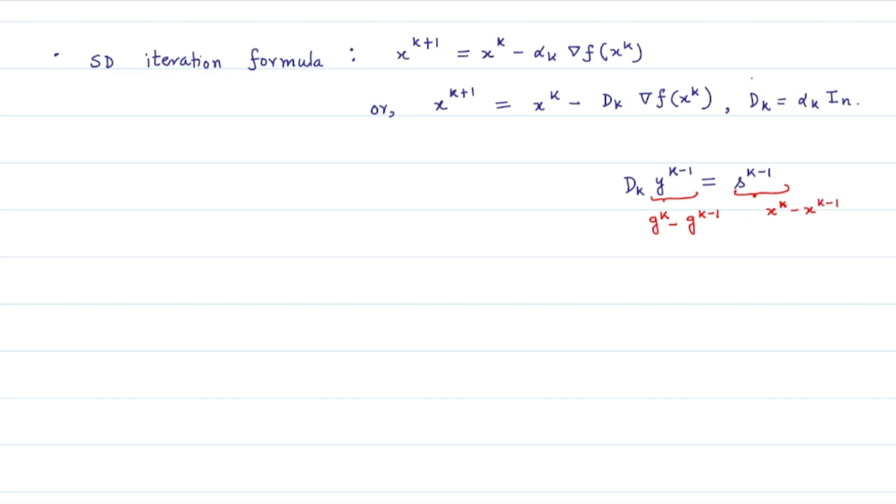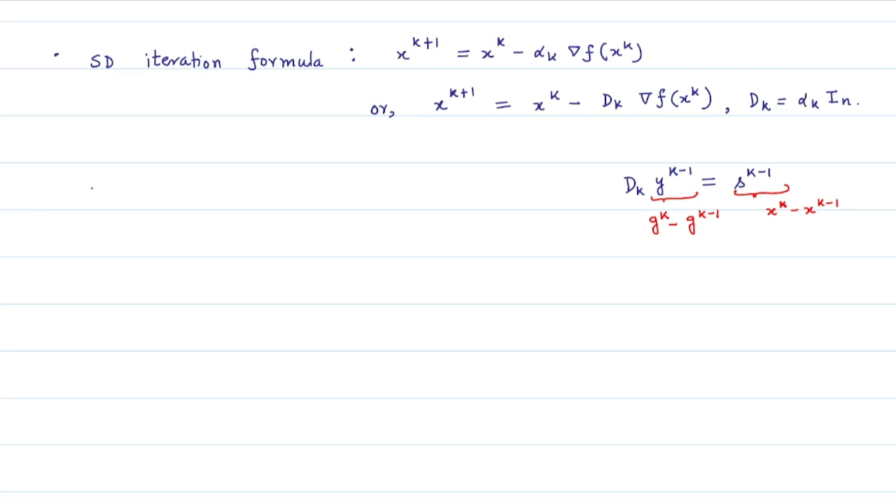Now as this matrix D_k is already prefixed, that D_k is given by alpha_k times the identity matrix, we take the liberty of choosing this alpha_k in such a manner that if this equality is not holding, then at least we minimize the distance between the two vectors on the left-hand side and on the right-hand side.